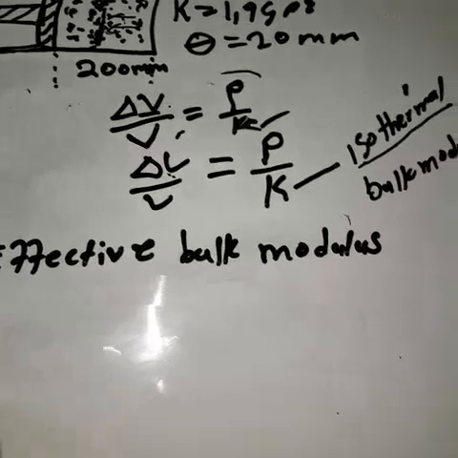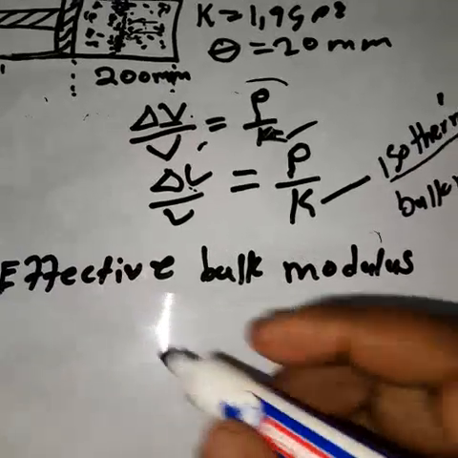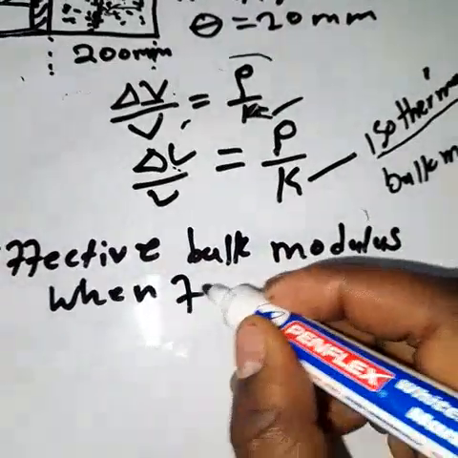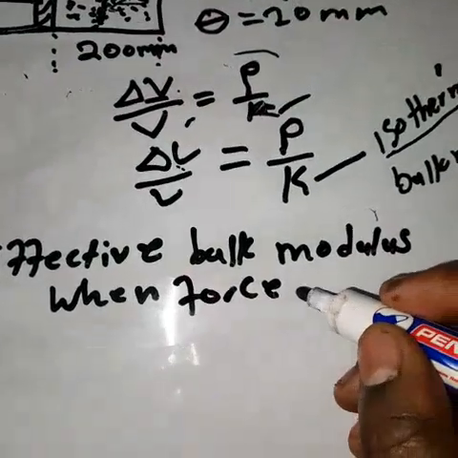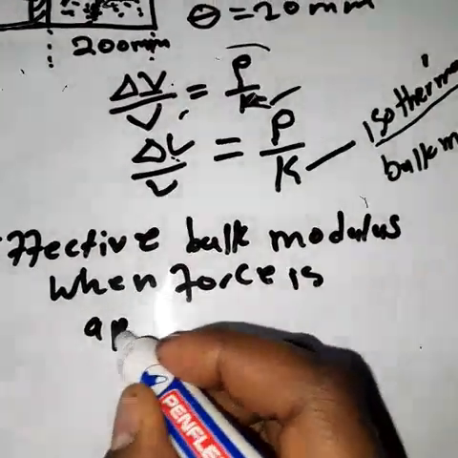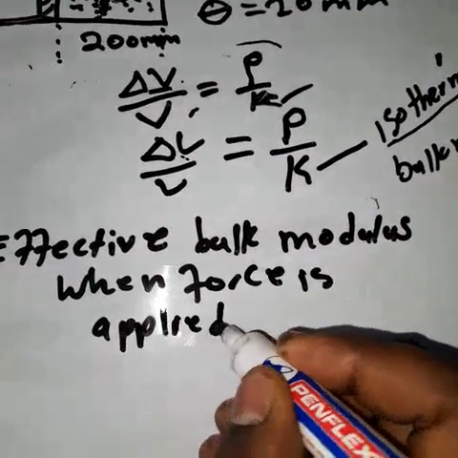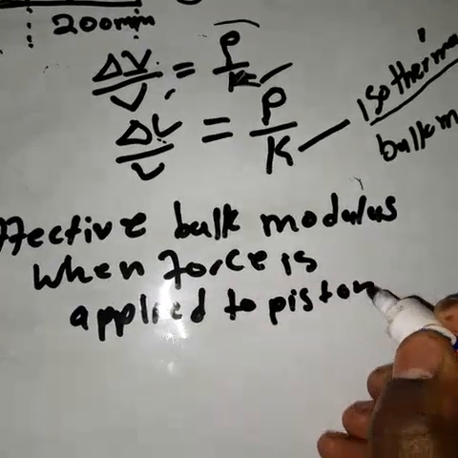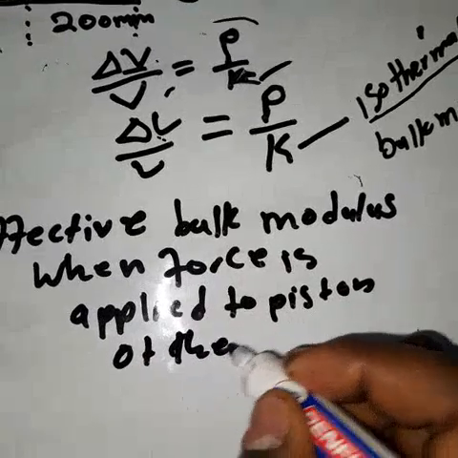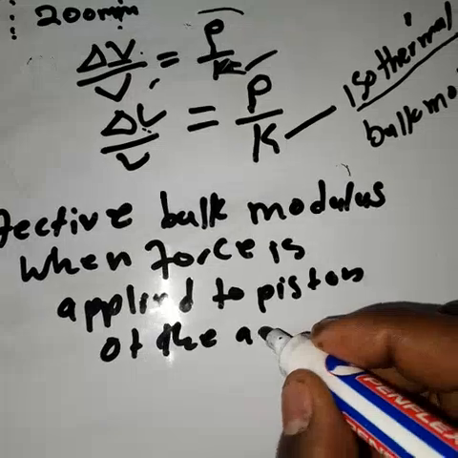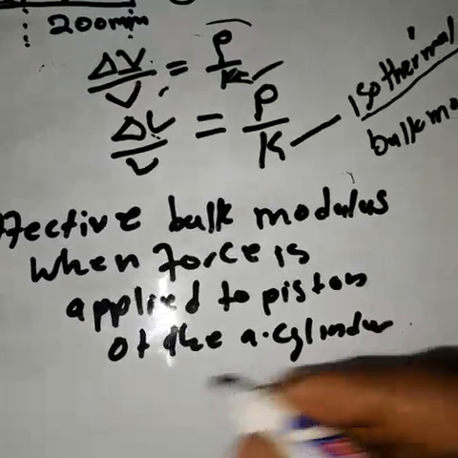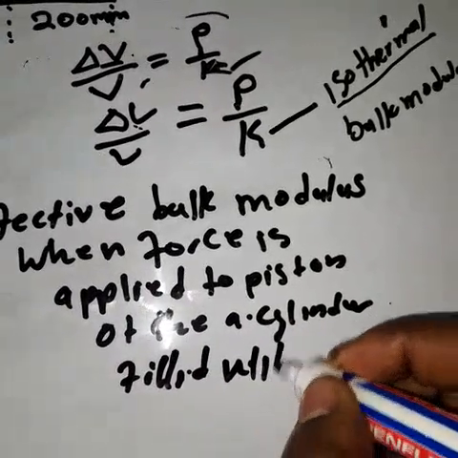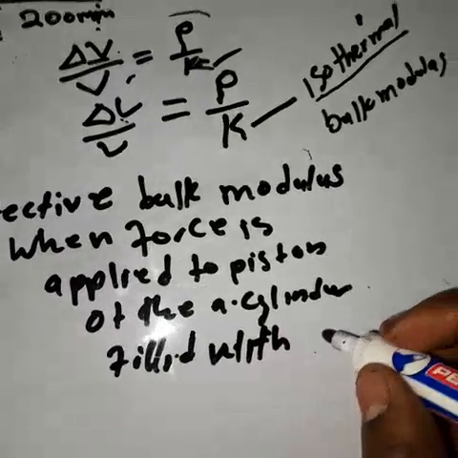Isothermal bulk is defined as follows. It's when force is applied to the piston of a cylinder filled with liquid.